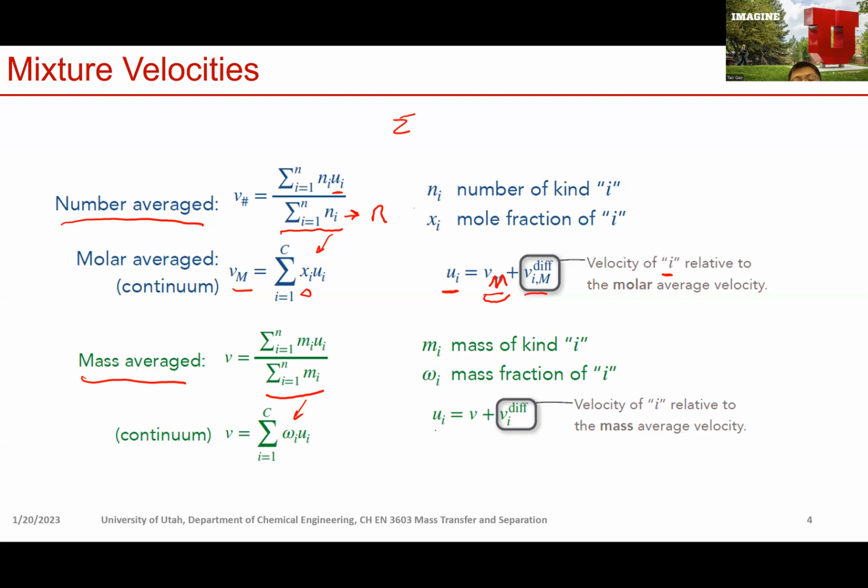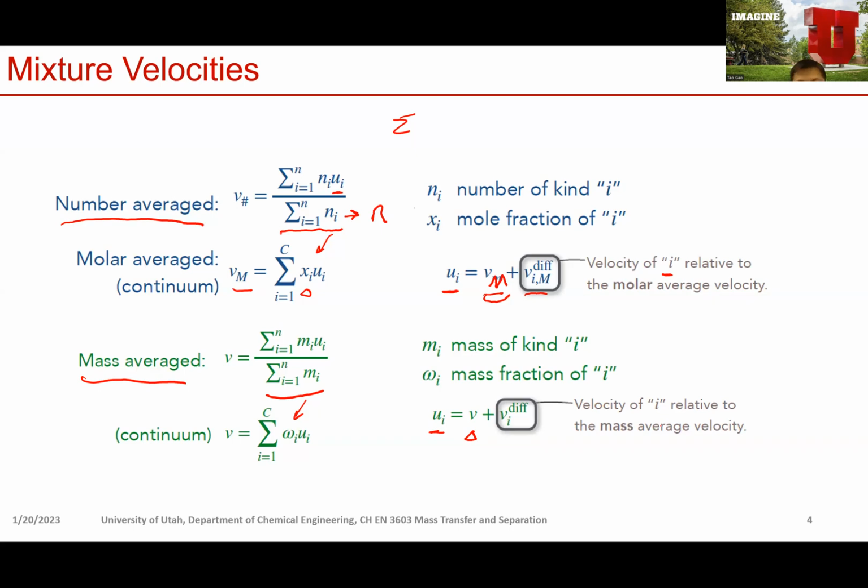Okay. Similarly, here we can also write down this equation. So the velocity of one particle i can be broken down into two parts, right? It can be a summation of the mass average velocity plus the difference, and this difference is the velocity of i relative to the mass average velocity, right?